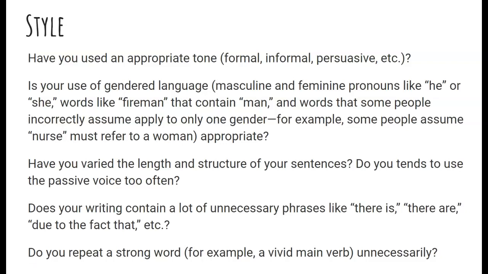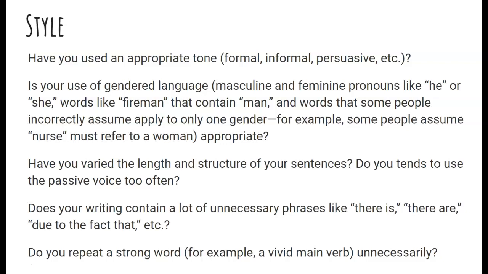Have you varied the length and structure of your sentences? We don't want to read a sentence that is one paragraph long every single paragraph, right? Sometimes that may be okay. It's hard to think of situations that it would really be okay. I mean, there are writers like James Joyce comes to mind. He was very famous for his lengthy sentences. But if we're trying to trudge through incredibly complicated sentences all the time, your readers will get tired.